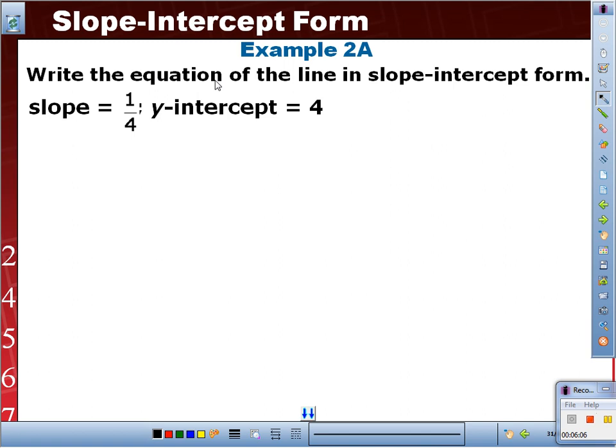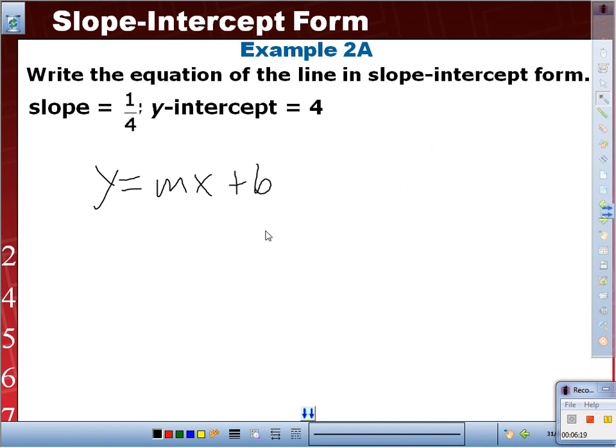We said in order to write an equation given the slope and y-intercept, what do we do first, Brian? Y equals mx plus b. And then from there, Kelsey? B would be 4, and m would be 1 over 4.